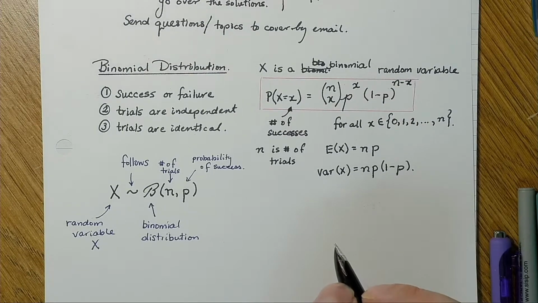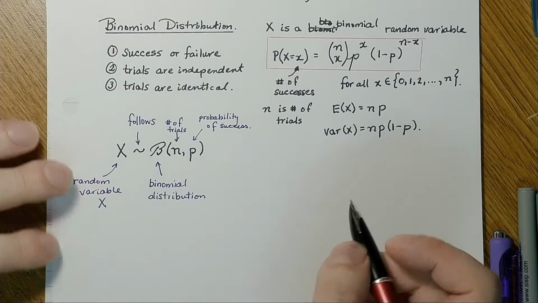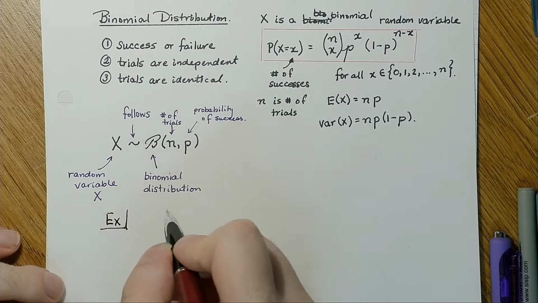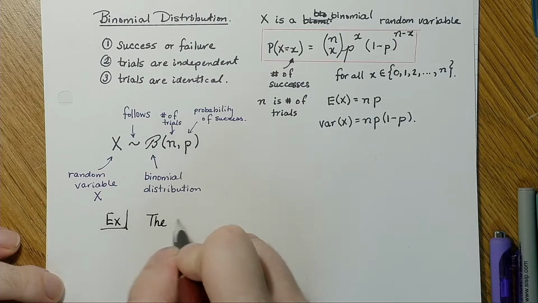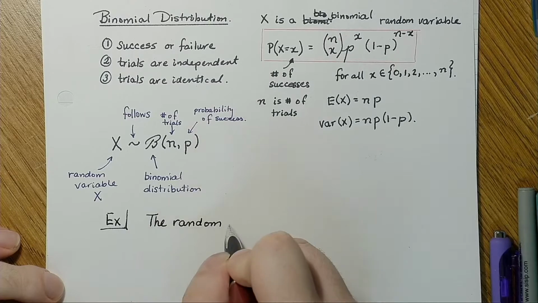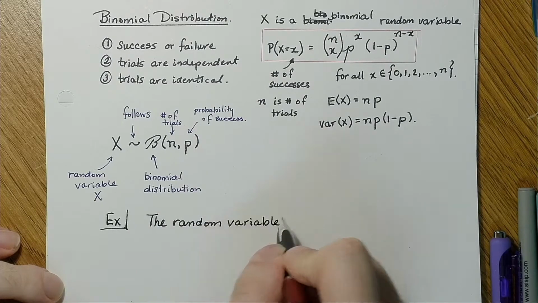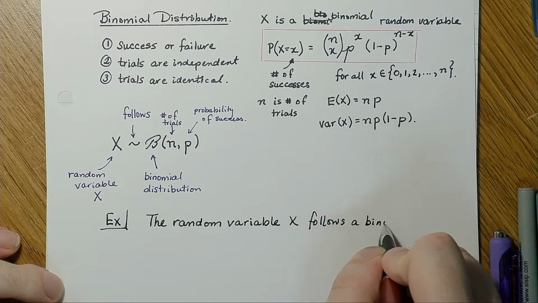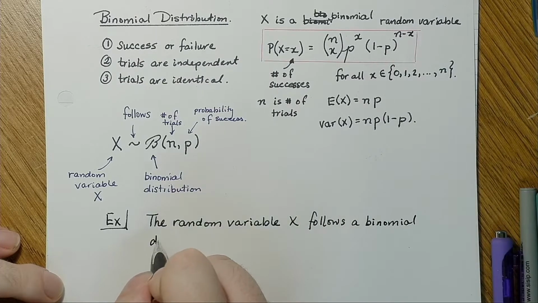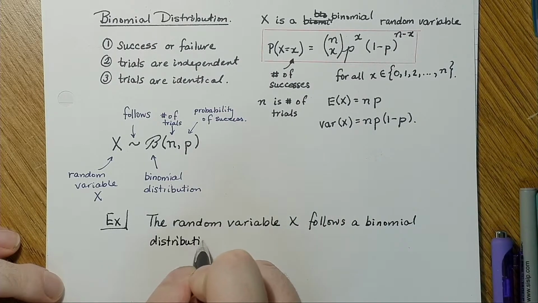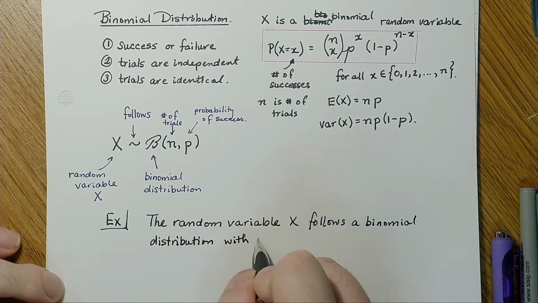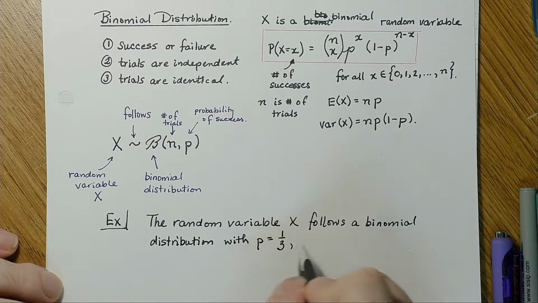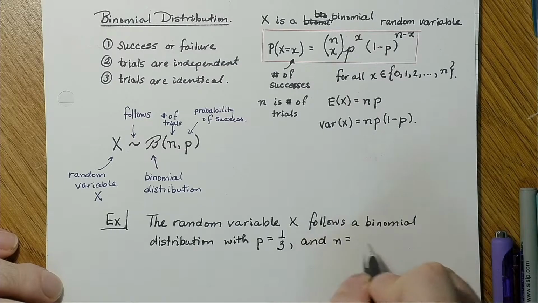So to do a binomial distribution, what you could say is that the random variable x follows a binomial distribution, with the two parameters, so let's say p is 1/3 and the number of trials, let's say, is 10.